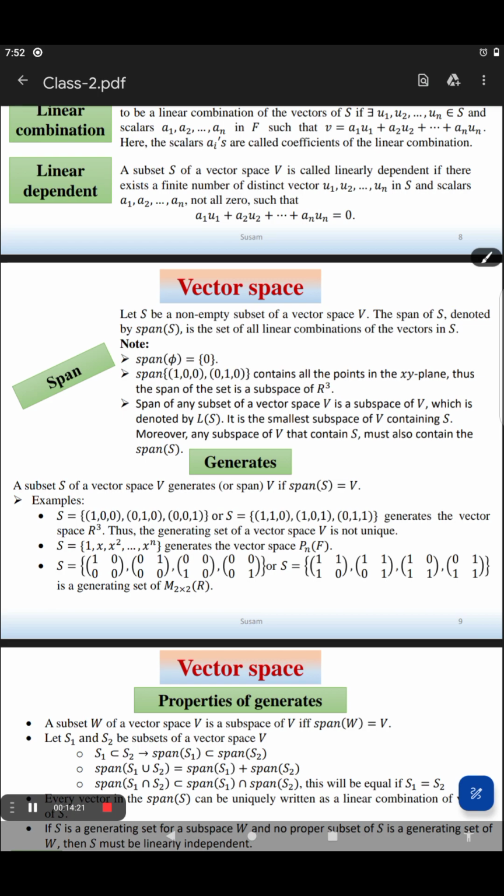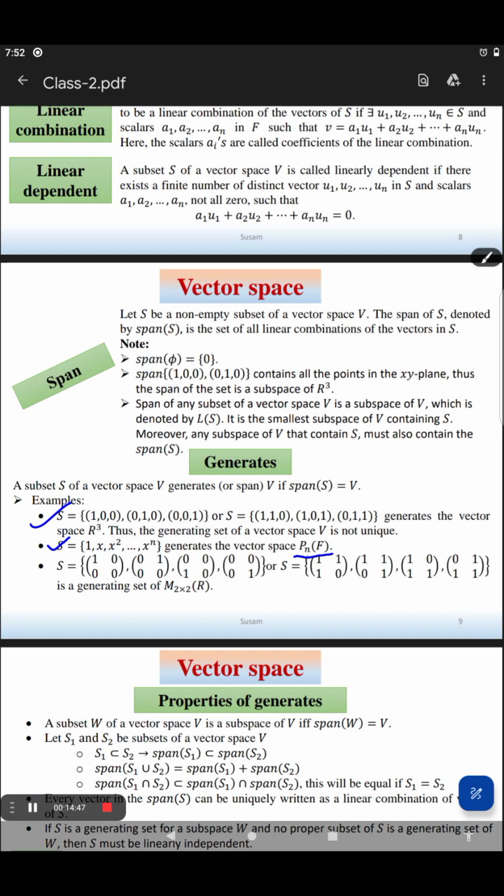Here I have given some examples. You can go through them. P_n(F) is the set of all polynomials with degree less than or equal to n, and this set generates P_n(F). Now R2, R3 are infinite, and R is also infinite, but they are generated by some finite sets.